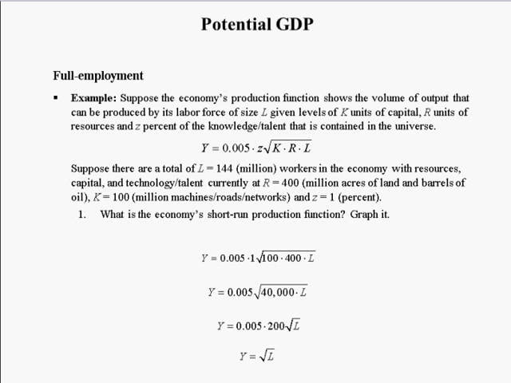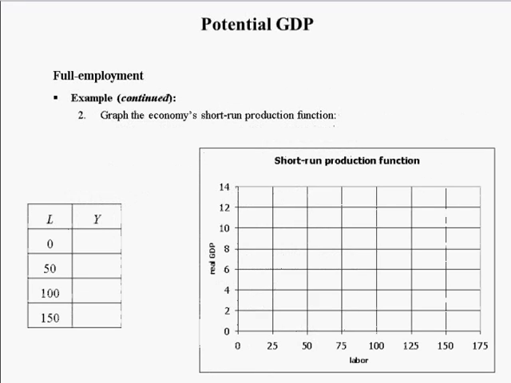They're given in the short run. So anywhere on this production function, we're holding technology constant at 1%, K constant at 100 million units, and R constant at 400 million units. And the only thing we're allowed to change is the number of laborers in the economy during the short run.